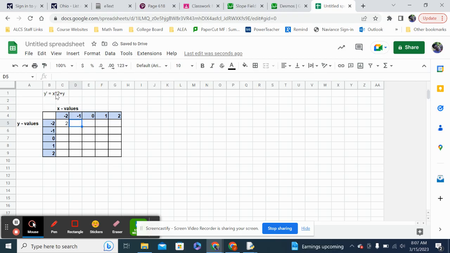For x is -1, that's -1 squared. So that's 1, plus -2 for y is -1. x equals 0, I'm just going to get -2 there. x equals 1, I'm going to get -1 again. And x equals 2, I'm going to get 2 again.